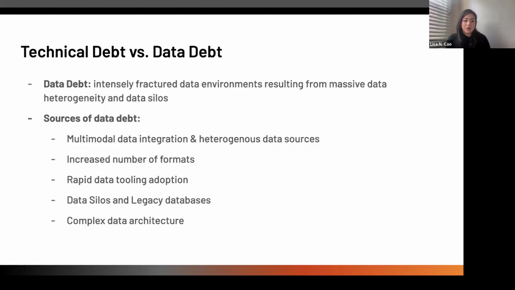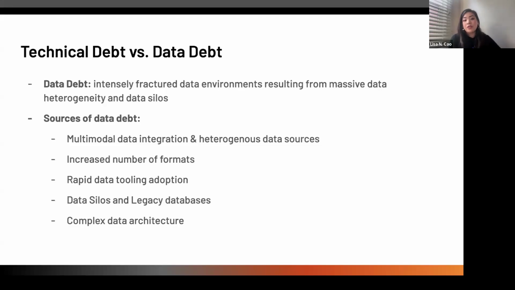As well as the number of formats: you're not just dealing with a CSV file anymore. You're dealing with many different open table formats, different extensions, and vendors have their own file formats as well, right? Depending on where your data is stored.